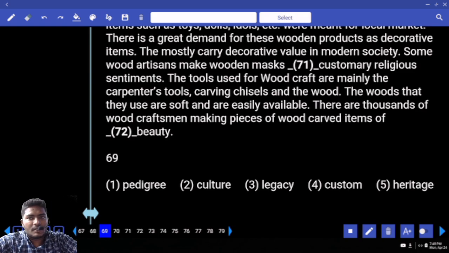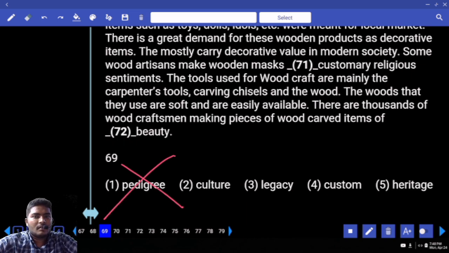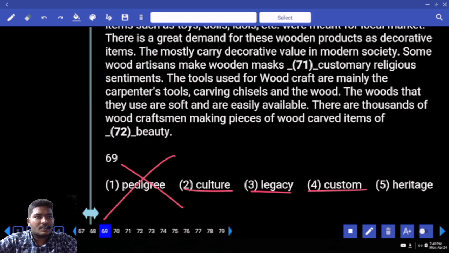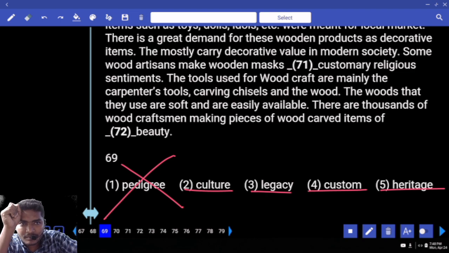Now look at the options. Can we eliminate one option? Pedigree. Can we use that? Next, culture. Next one, legacy. Next one, custom. This is why I told you to remember one word in the beginning.